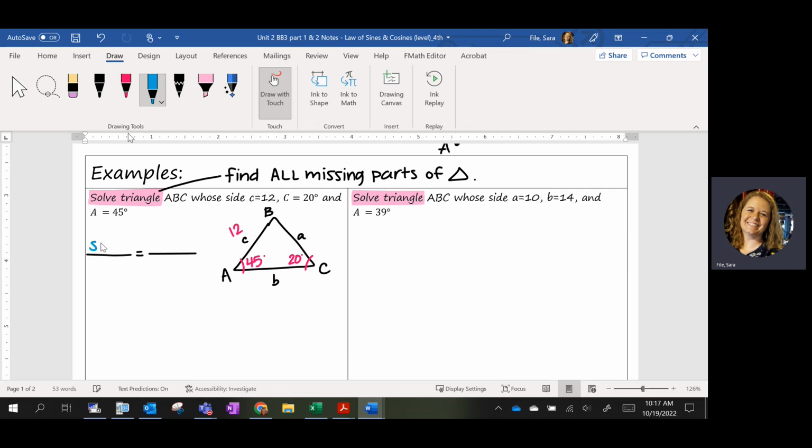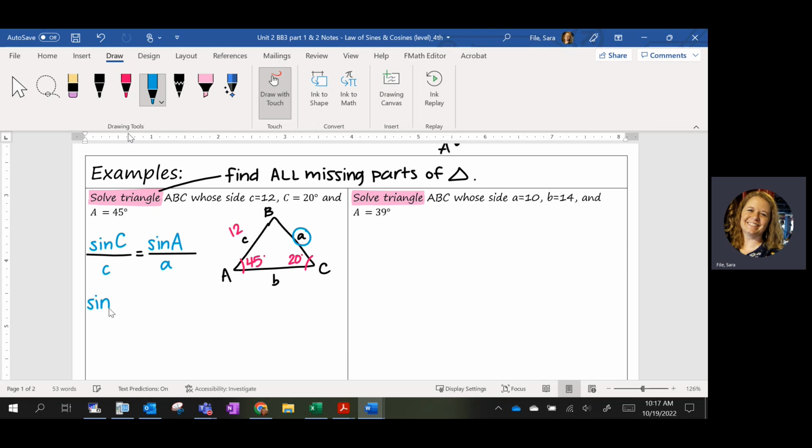I know I'm going to use angle C and side C. Yeah, angle A. I can't use B because I don't know angle or side B, so I can't have 2 missing pieces. I can only have 1 missing piece. So I'm going to use A for the other part of my proportion. I'm using A and C, and this is the proportion I'm setting up because I'm looking for side A first.